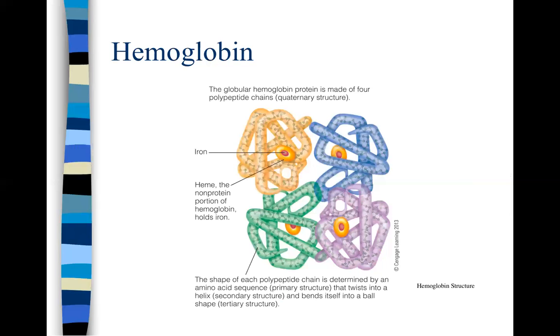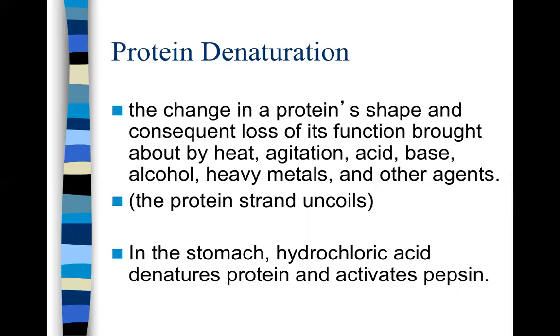Protein denaturation. So, protein denaturation involves changing the shape of a protein. And when we change the shape of a protein, such as that hemoglobin or the insulin, the protein doesn't function the way it was originally intended to do.